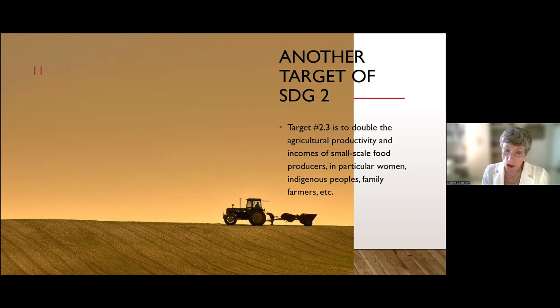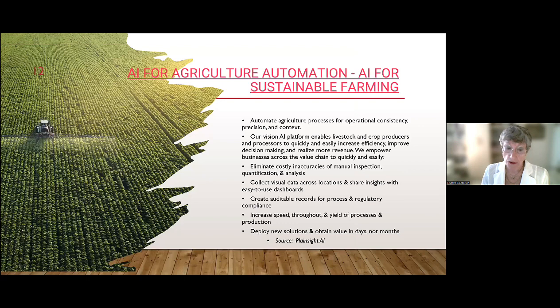However, most of the AI developed for agricultural purposes appears to be targeted more for the larger enterprises that have real potential to increase the productivity and profits of these large commercial operations. The next slide shows what one firm, Plainsight AI, offers to potential agricultural buyers.